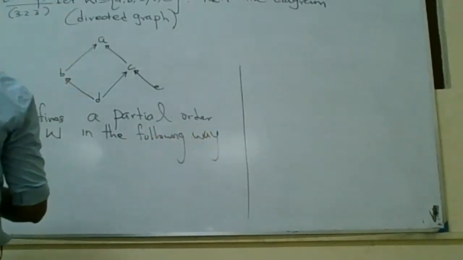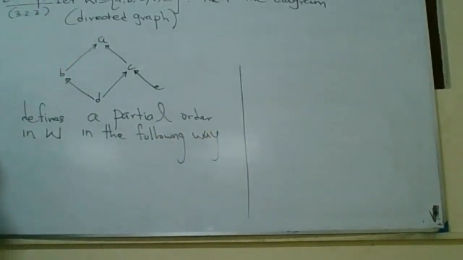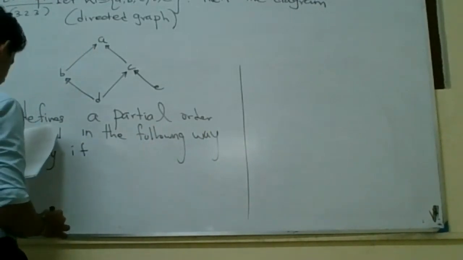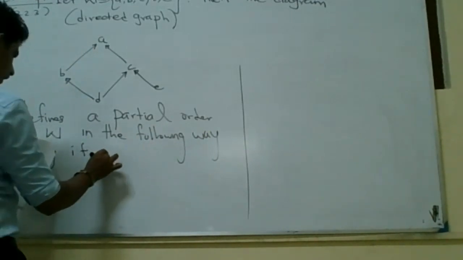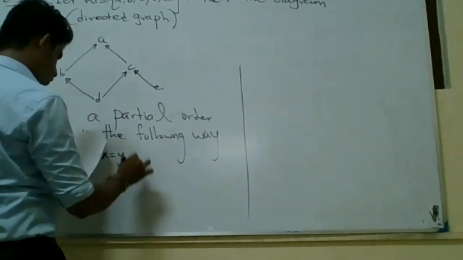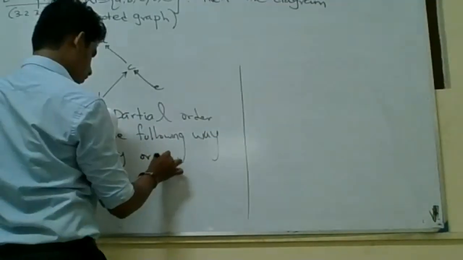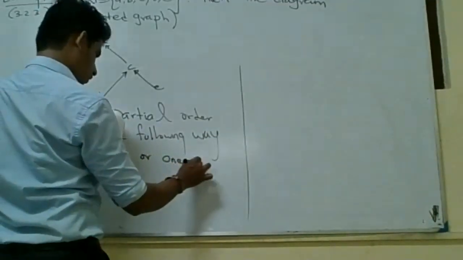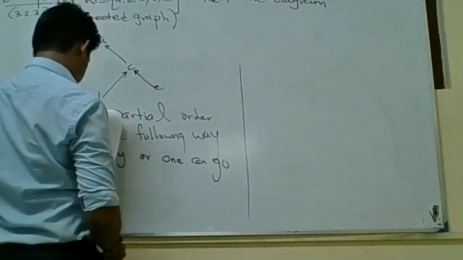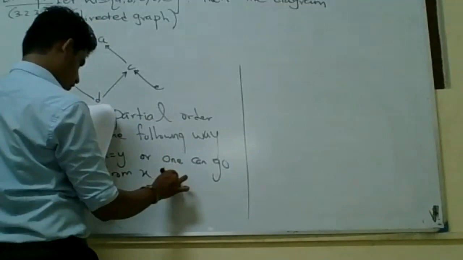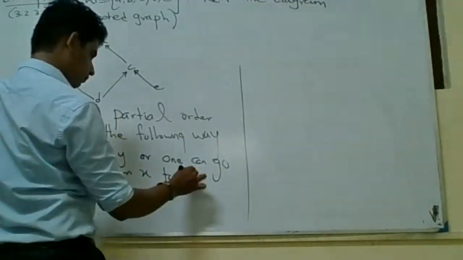That is, X precedes Y if, right, either X equals Y, or one can go from X to Y in the diagram.